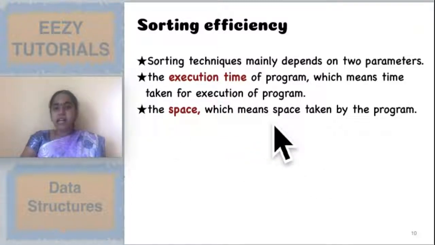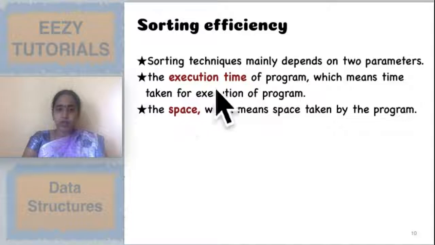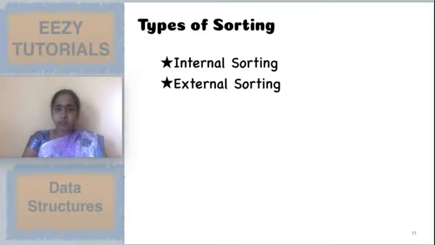Space means the space taken by the program for execution. Whether any extra space is taken or not can be known with the help of space complexity. So execution time and space are the two measures which we use for finding the efficiency of a sorting algorithm. There are two types of sorting, internal sorting and external sorting, which we will be seeing in the next lecture series.